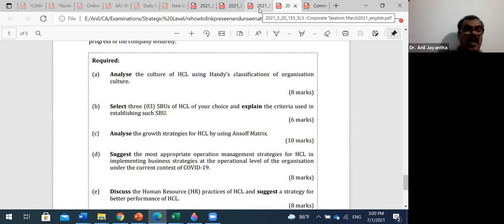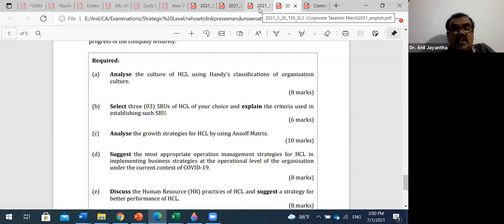Analyze the culture of HCL using Handy's classification of organizational culture. When it comes to organization culture, how the power of the organization lies, how the culture evolves, and all those things have been analyzed. Even though this is a relatively old model, you may have learned it. I think it was introduced in 1999, a bit old, but it has been recommended in your learning.